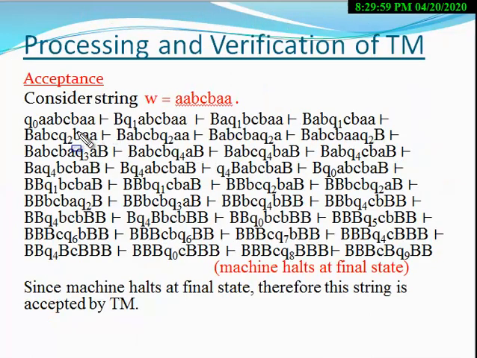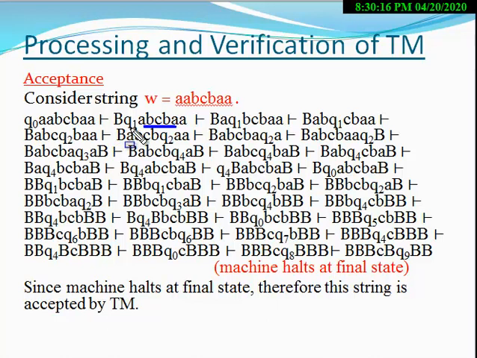Looking at the transition rule in the transition diagram for state Q0 and input symbol A, the machine moves from Q0 to Q1, small a is replaced by capital B, and the head moves right. Applying these three actions, the next ID has state Q1, small a replaced by capital B, and the head to the right of it.